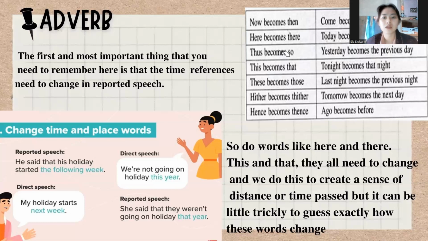Okay, here are some examples. Now becomes then, here becomes there, this becomes that, these becomes those, ago becomes before, tonight becomes that night, come becomes go, today becomes that day, yesterday becomes the previous day. Okay.